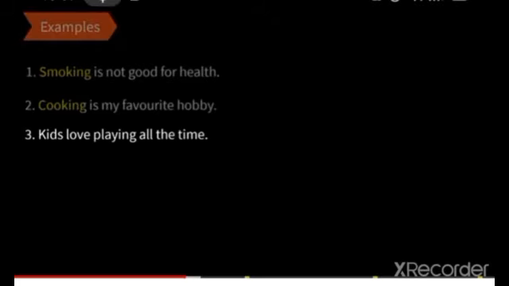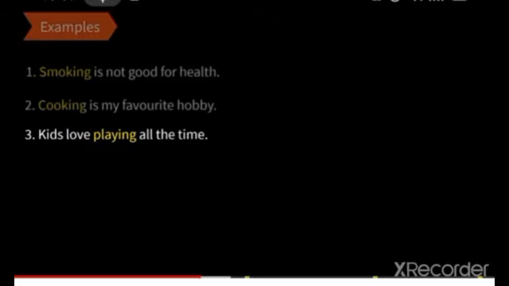Yes, next example. Kids love playing all the time. Here, first of all, underline ing form of verb, playing. Yes. Let's identify its function. Here, kids is a subject, love is verb.